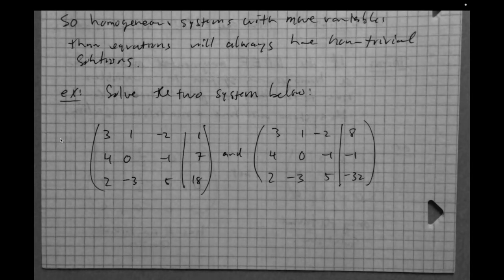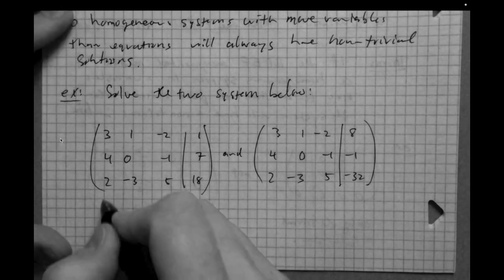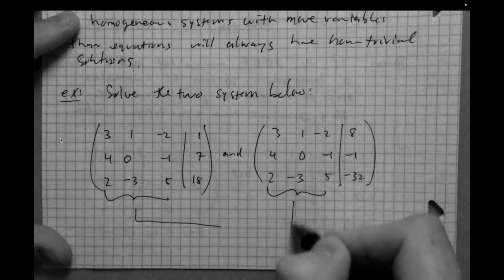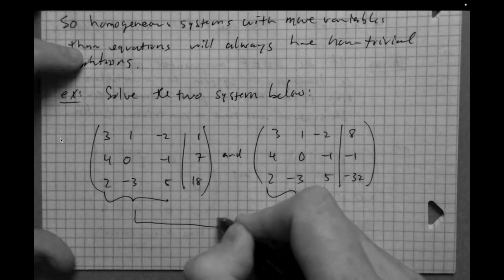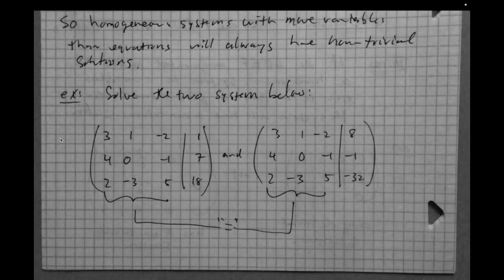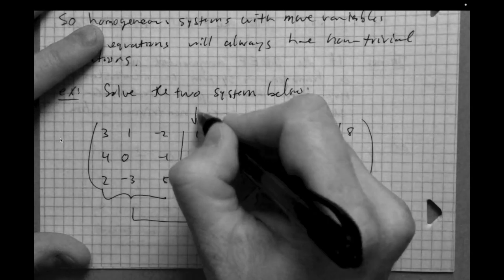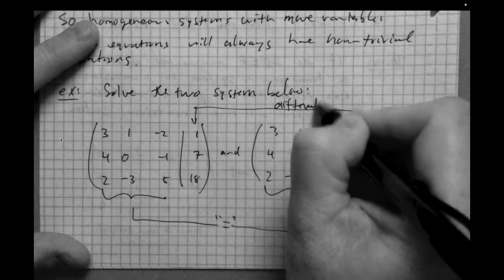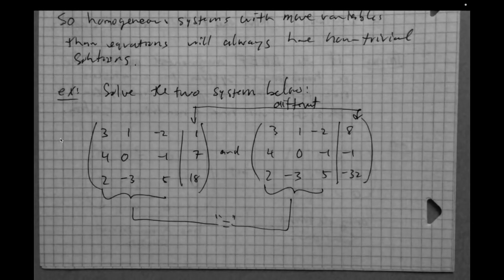Now they're distinct systems, but if you look at these, you will recognize that actually the coefficient matrix is the same. So they have the same coefficient matrix, but the scalars are different. They've got different scalar matrices, but identical coefficient matrices.